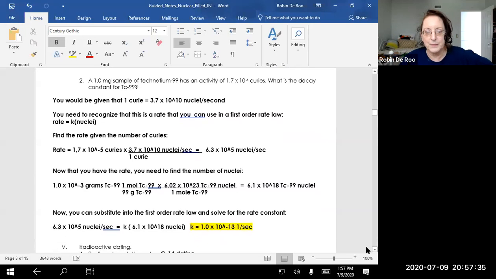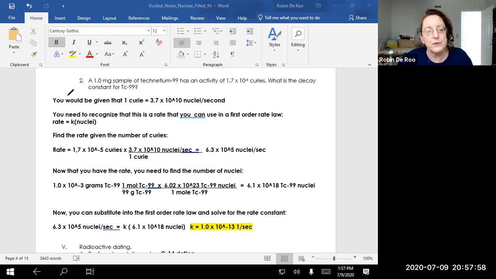Let's look at another problem. We have a 1 milligram sample. We have an activity of 1.7 times 10 to the minus 5 curies. The question is asking for the decay constant.